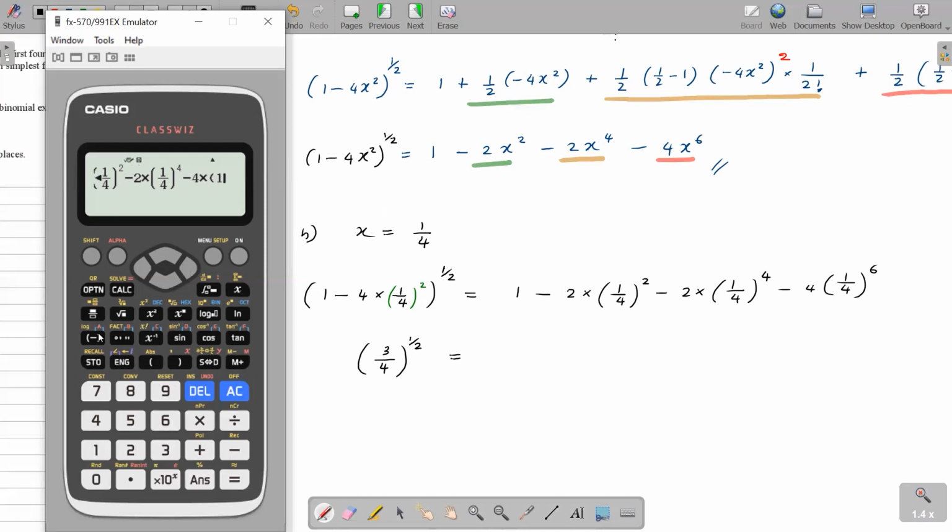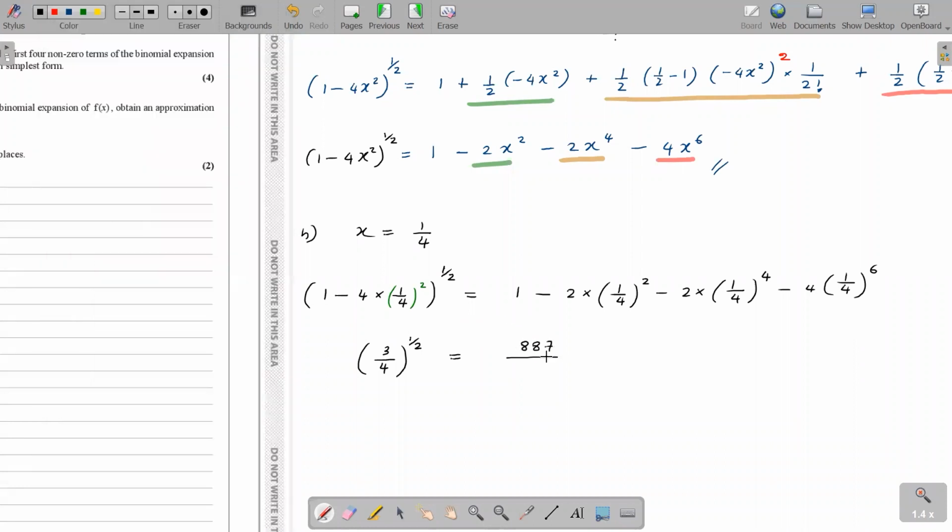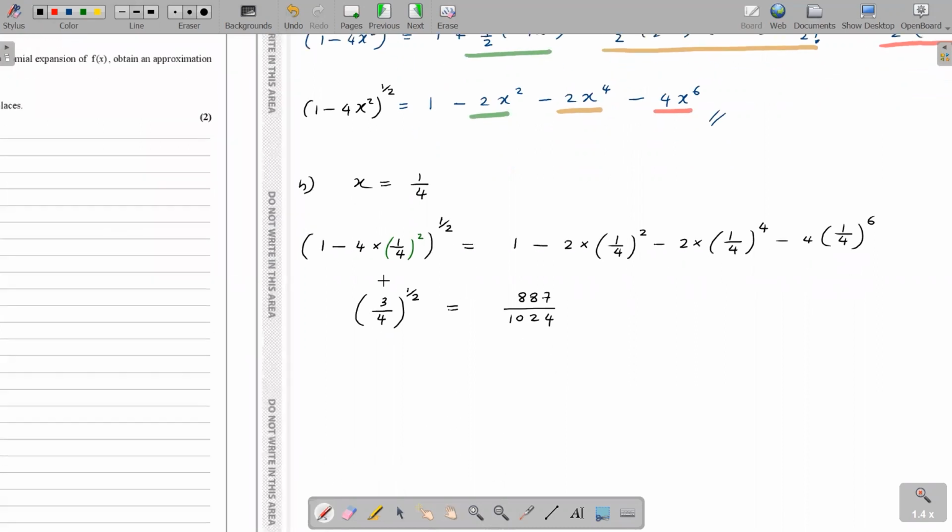Minus 4 into 1 over 4 to the power 6. So is this correct? I get 887 over 1024. Then we are supposed to create the value of root 3. So you know 3 over 4 to the power half means it's 3 to the power half divided by 4 to the power half, right? The power half goes to both the terms. So 3 to the power half divided by who is 4 to the power half? 4 to the power half is 2, root 4.